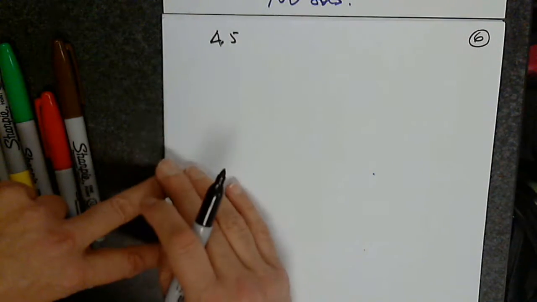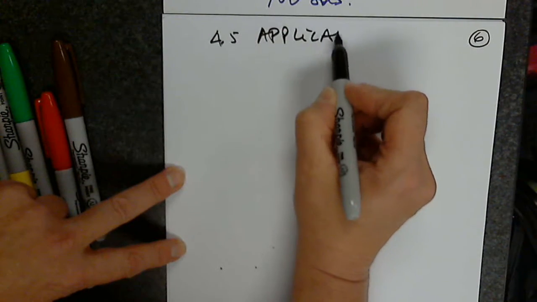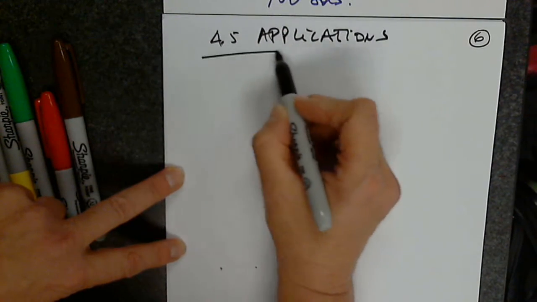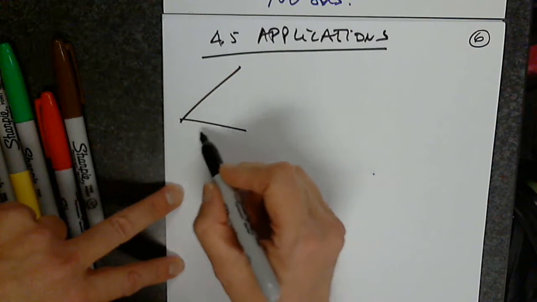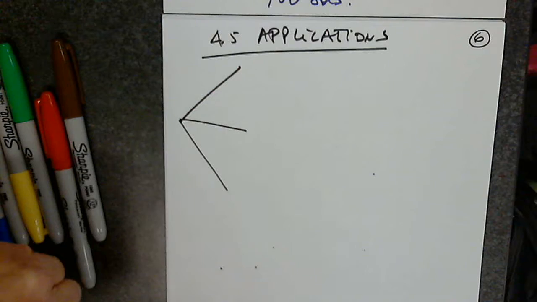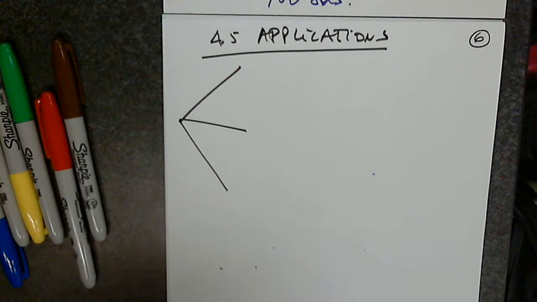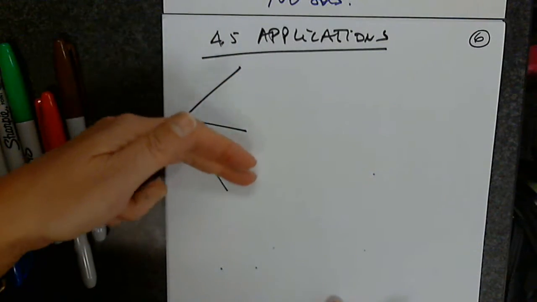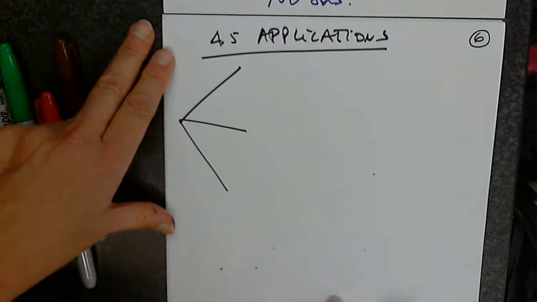This is the last section of chapter 4, applications. There are 3 major groups in which we use exponential functions, and there are other groups for logarithmic functions, but in this section I would like to discuss 3 of them.